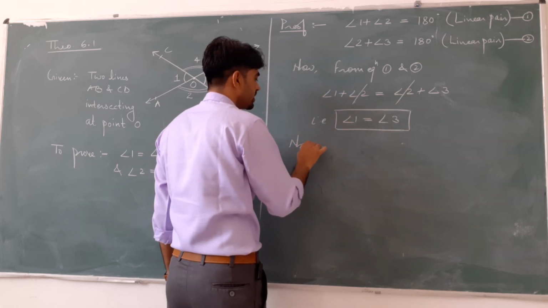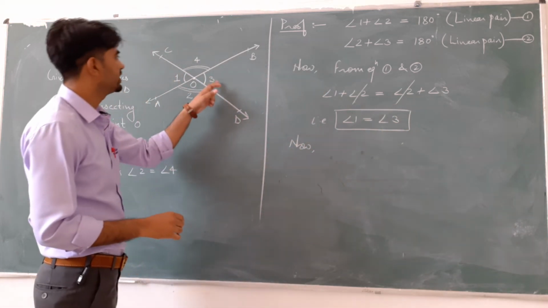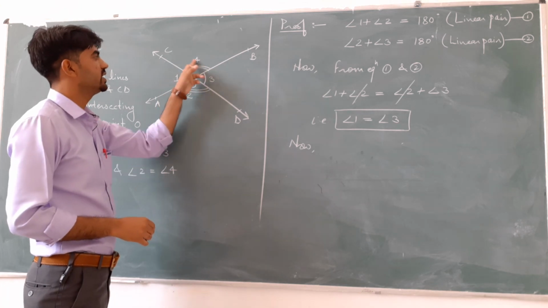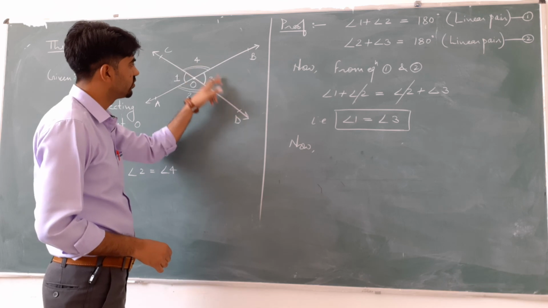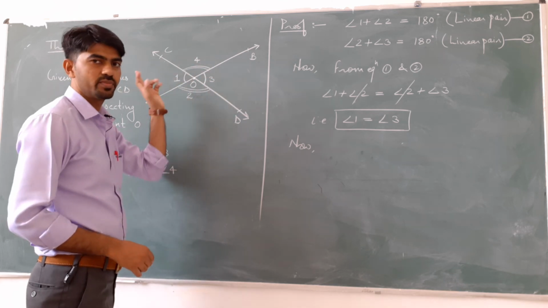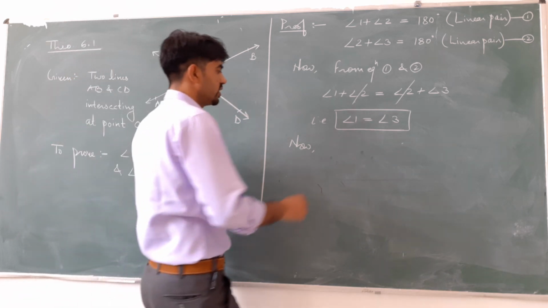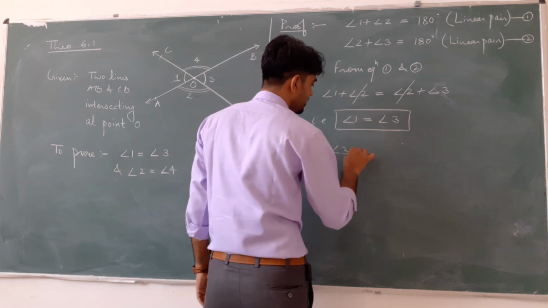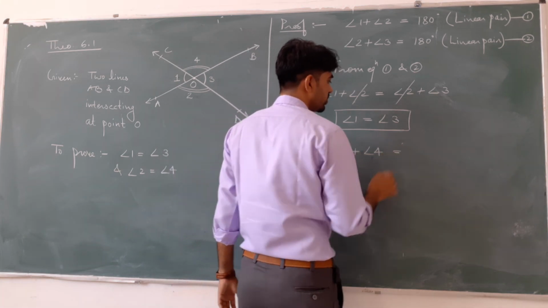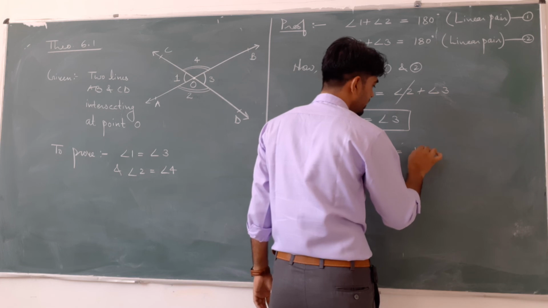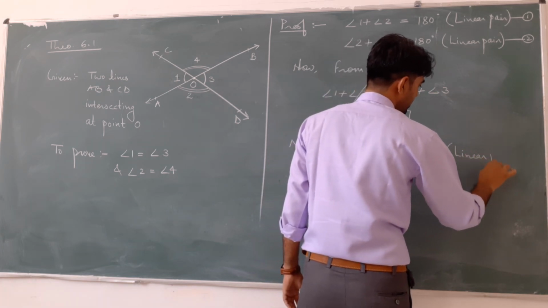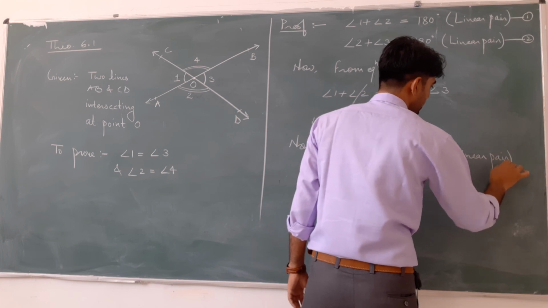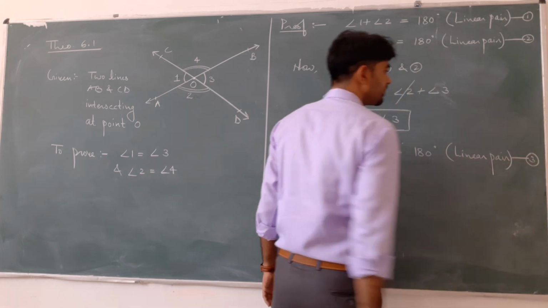Now again, if I take one more equation, that is 3 plus 4, or I can take 1 plus 4. You can take any one of them. I am taking angle 3 plus angle 4 is also equal to 180 degrees. Same reason, linear pair. Equation number 3.